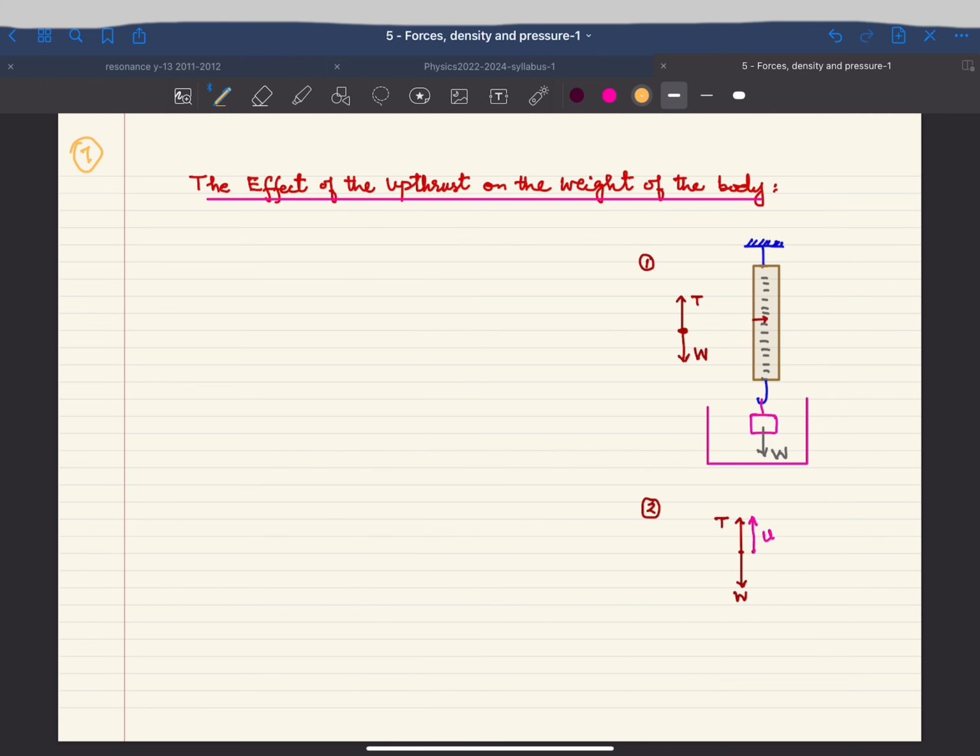Here I am giving you another explanation. Suppose you have a weight W attached to a spring balance. When the weight is hanging, the spring balance will show you a tension. In this case tension is equal to weight, so T minus W is equal to 0, meaning there is no net force.